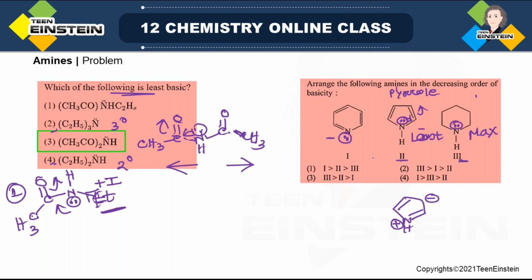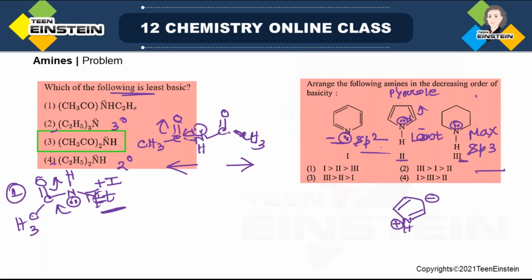The lone pair over nitrogen is not required for maintaining aromaticity. So from that logic, it is more basic than pyrrole, but less basic than piperidine, because here nitrogen is sp2 hybridized. The lone pair is residing in an sp2 hybridized orbital. But in this last case, it is in sp3. Now among sp2 and sp3, sp2 has high s character.